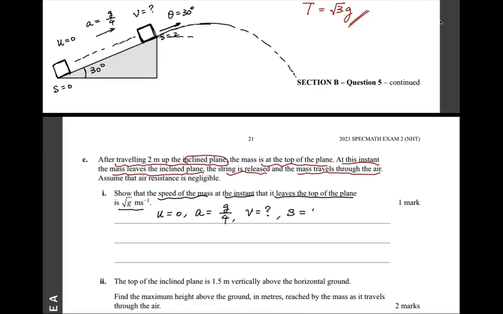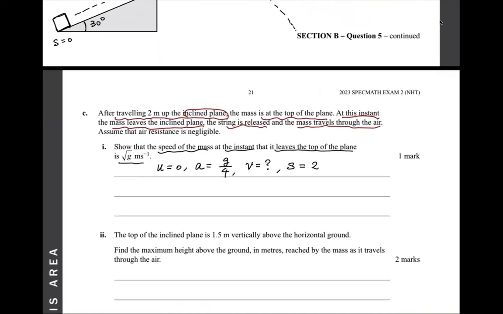The displacement totally 2 meters. So we're using v squared equals u squared plus 2as. v squared is unknown, but 0 is known, plus 2 times g over 4 times 2, which equals g. Because v is greater than 0, upwards, v should be equal to root g, okay?